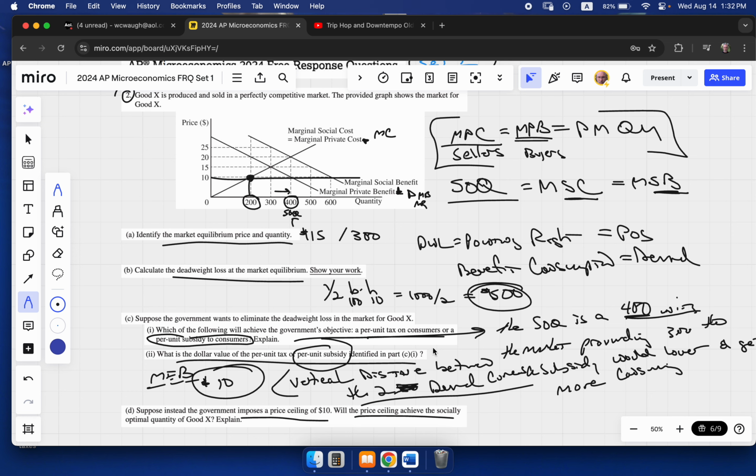So a price ceiling would actually reduce the amount of this good being consumed, and all of this would turn into deadweight loss. It would increase the deadweight loss because suppliers would supply less of the good. Society would have less of this good to be consumed.